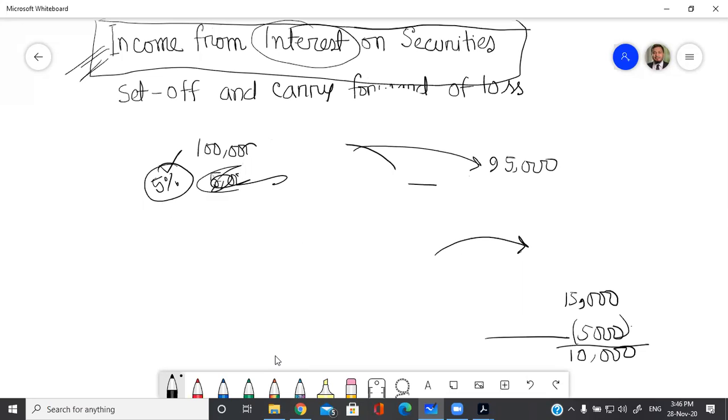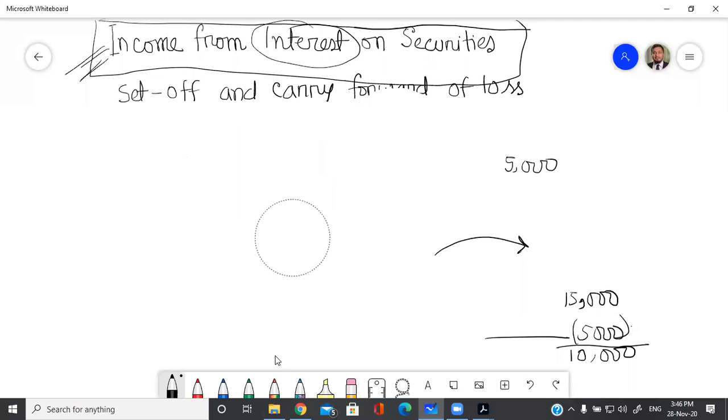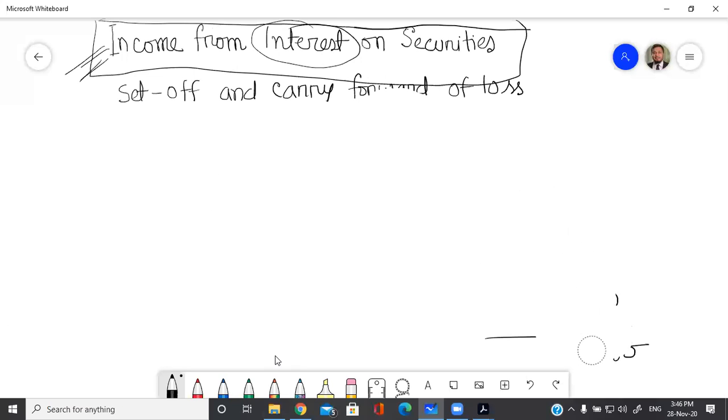But if you include the 95,000 taka, your tax calculation will become wrong.